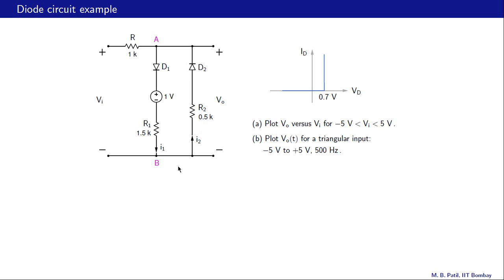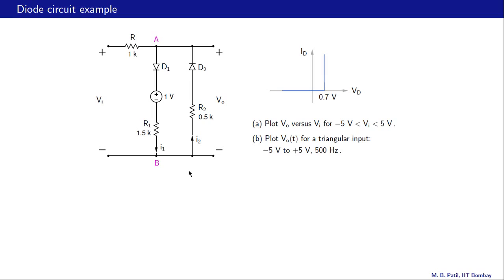Let us now take the next case, that is D2 is conducting. If D2 is conducting, we have a voltage drop of 0.7 volts in that direction, and also we have a positive voltage drop across R2 in that direction, because this current I2 can only be positive since D2 can conduct only in that direction. So what it means is VB minus VA must be greater than 0.7 volts now, because this voltage drop I2 R2 can only be positive.